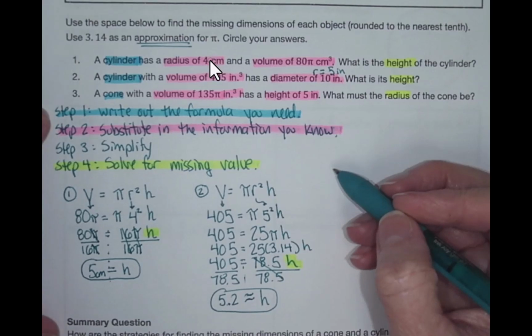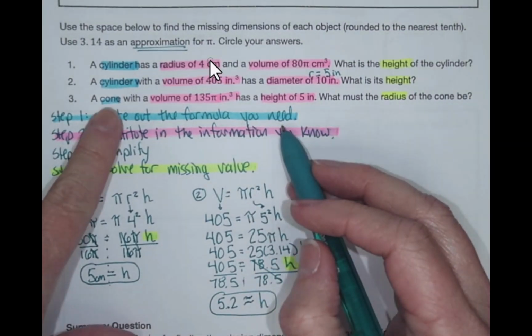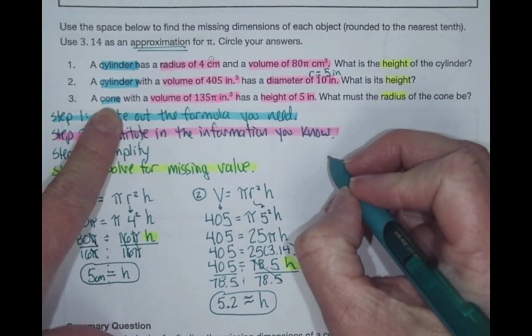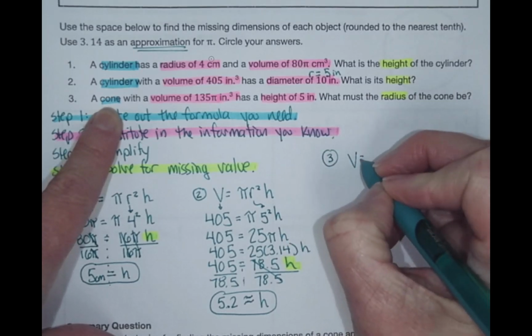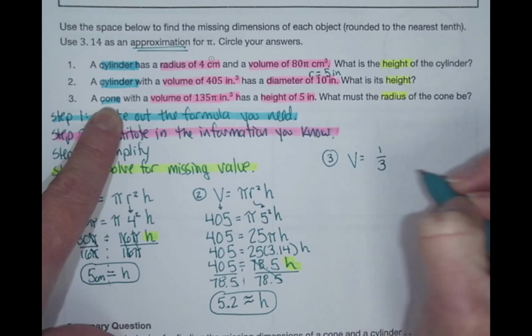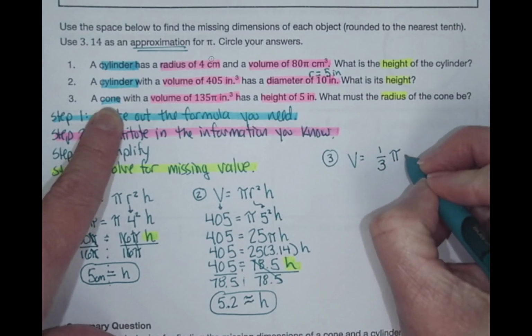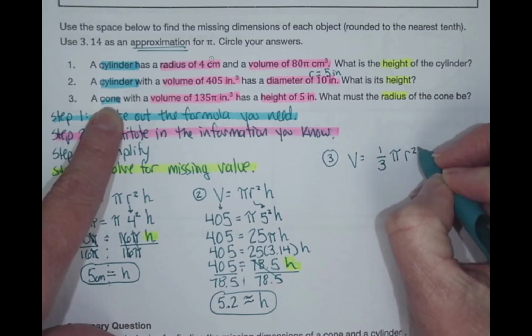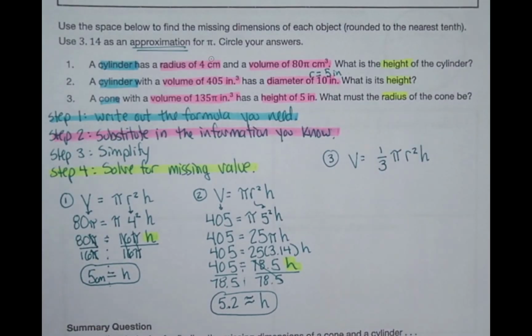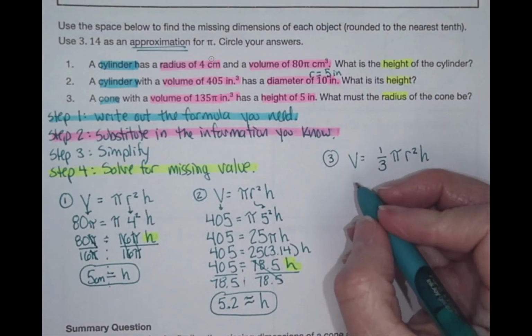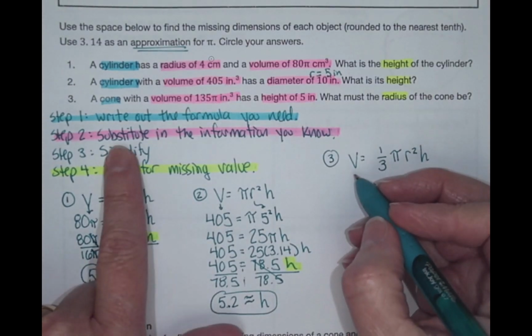Step 1, write out the formula you need. Well, this time the formula is for a cone. I'm going to scooch up a little bit. So the volume is equal to 1/3 pi times the radius squared times the height. And so we're going to plug in the information we need now.